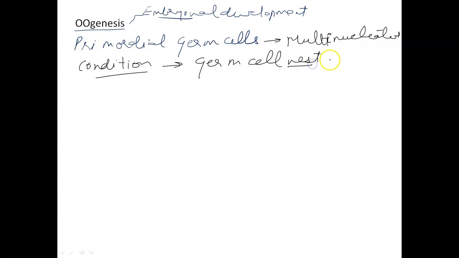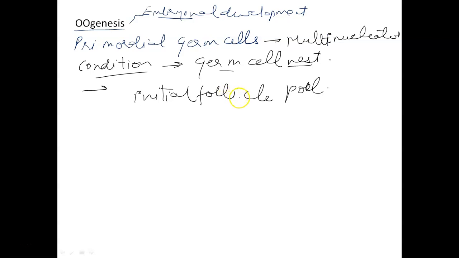Now these germ cell nests start apoptosis, that is the degeneration, and then they migrate to the gonads, and there they are packaged and surrounded with the granulosa cells to form the initial follicle pool.